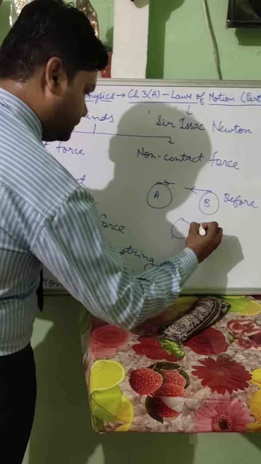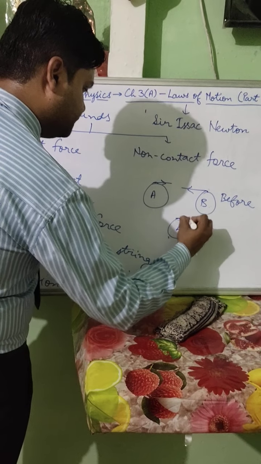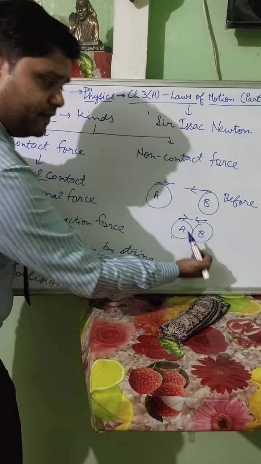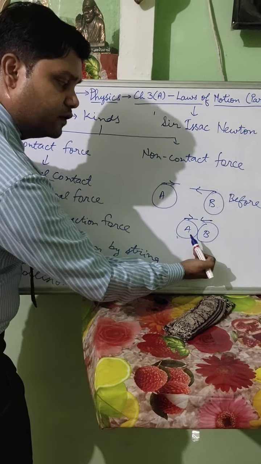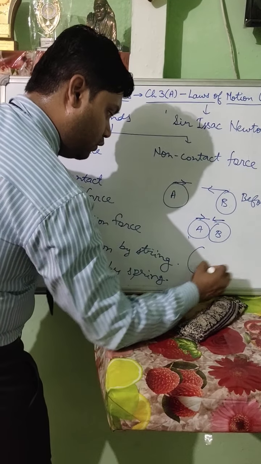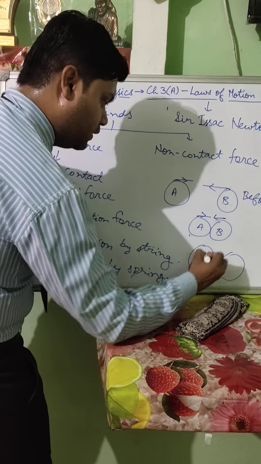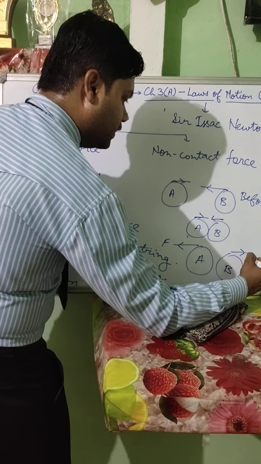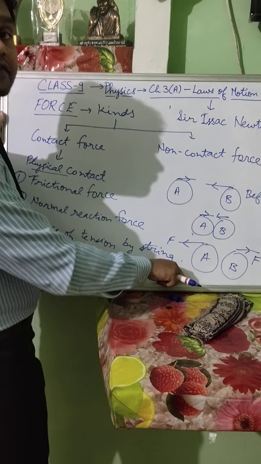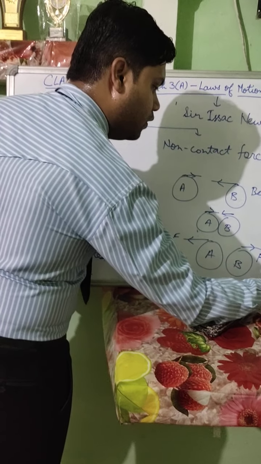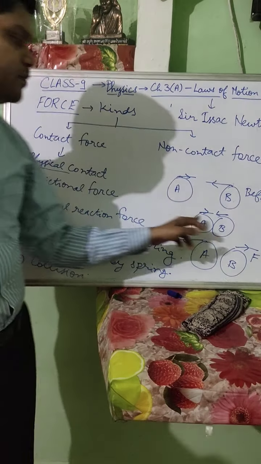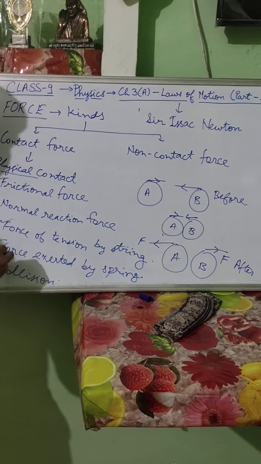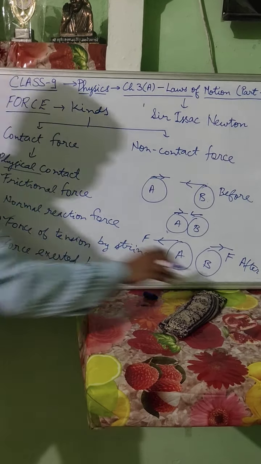When they strike, so this is A, this is B, B will exert force on A and A will exert force on B. So, what changes will occur? A will start moving here and B will start moving here. This was action force and this was reaction force. So, how have they moved apart? After contact only, A and B are in contact with each other. Therefore, collision force is also a contact force.